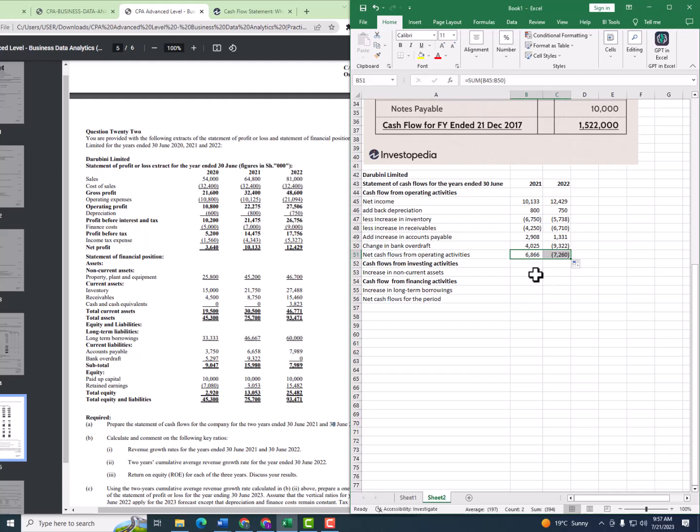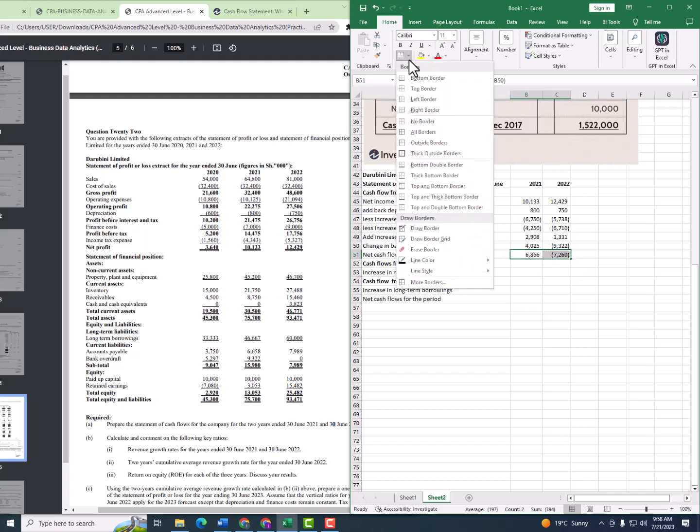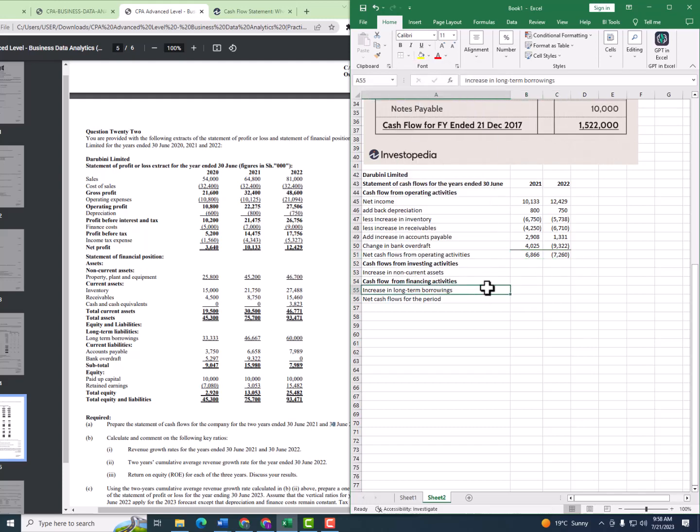You don't have to redo the formula. And as we can see, there was a positive cash flow from operations in 2021 and it was negative in 2022, right? So to make this nice and neat, we introduce top borders. We highlight the two cells and then we come here and we click on top border for it to show that it was a sum.